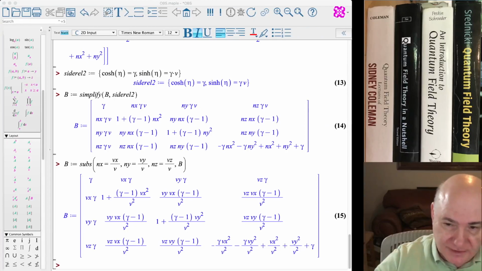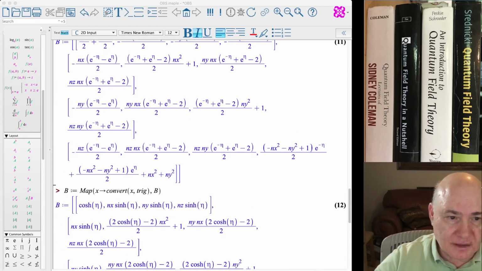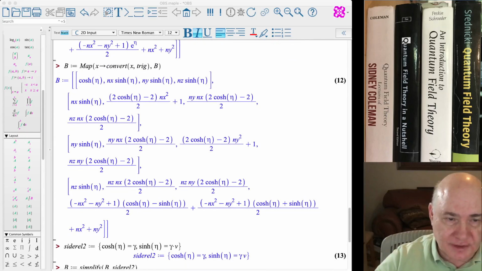Imagine multiplying this matrix by a vector which just has a tau and three 0s. These three things always hit the 0, so it's just this first column, basically. I'm using the form of the matrix before, because I want to keep the rapidity parameters.